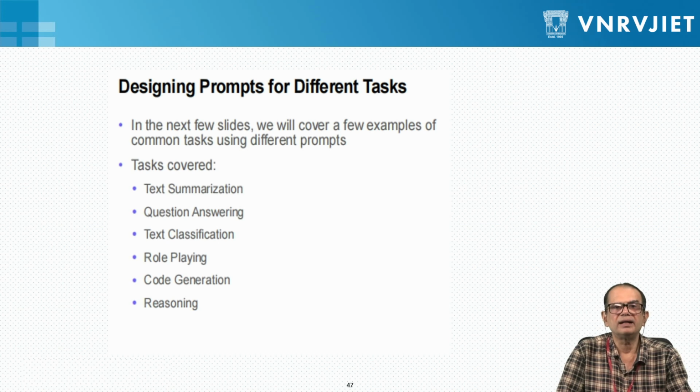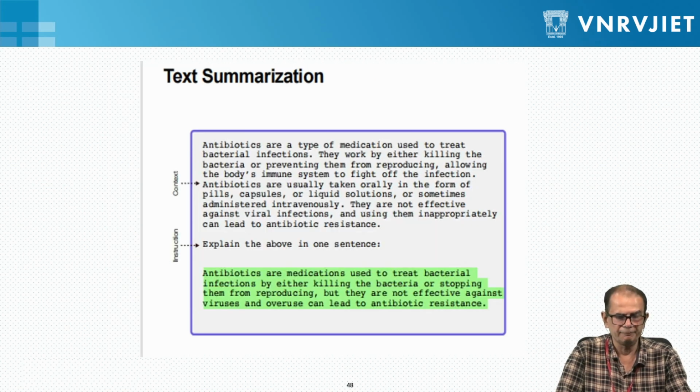We have different prompts for different tasks, like text summarization and Q&A. We give the right prompts and then we get the right outputs. For example, if I want to summarize a particular text, I give it the right prompt and the input text, and it does the summarization.